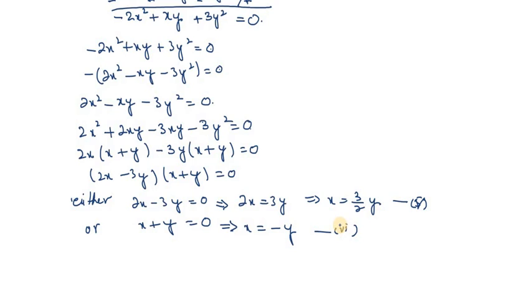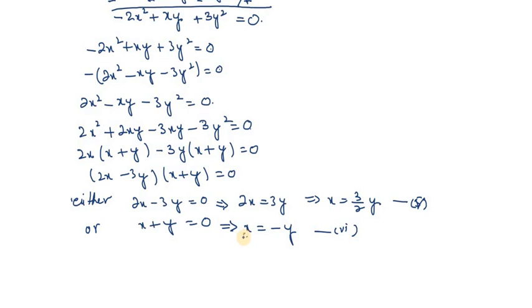After that we use these two equations with equation number 1 and solve. We put this value of x is equals to minus y in equation number 1, which is 2x square plus xy plus 3y square minus 6 is equals to 0.